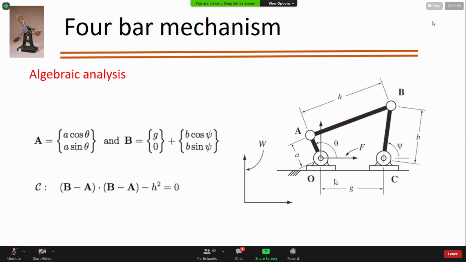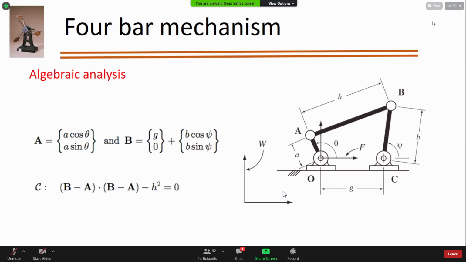So here we are doing the algebraic analysis. For A, we can write the vector in this form, and for B, we can write the vector in this form. So it's G plus 0 plus this part, B cos psi plus B sin phi.